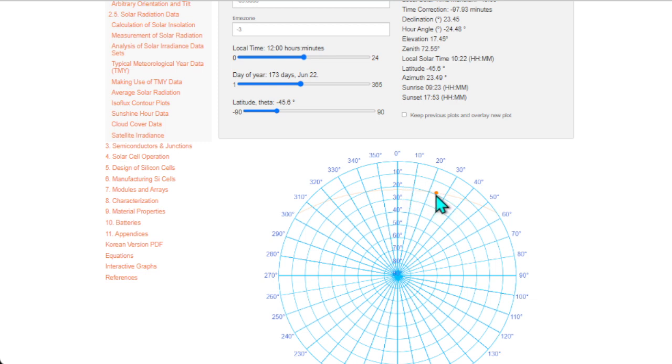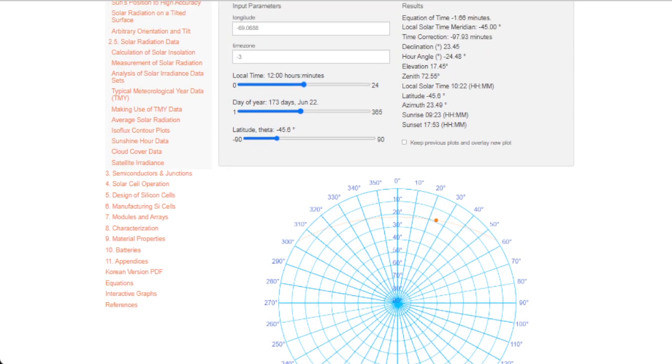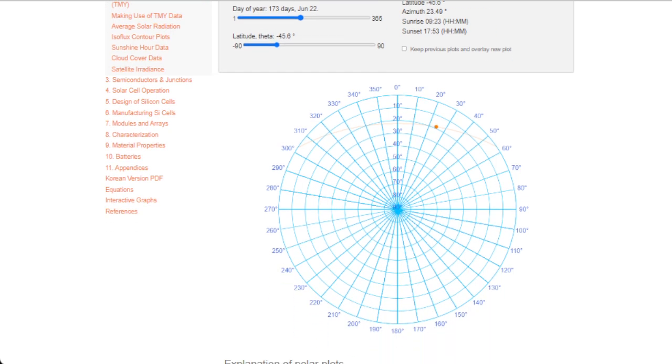Okay, so what does all that mean? I just want to emphasize how the angle of the sun changes on a day at a location, and the fact that they all rise and set at the same points doesn't mean they all take the same path across the sky, which means what angles things are at.